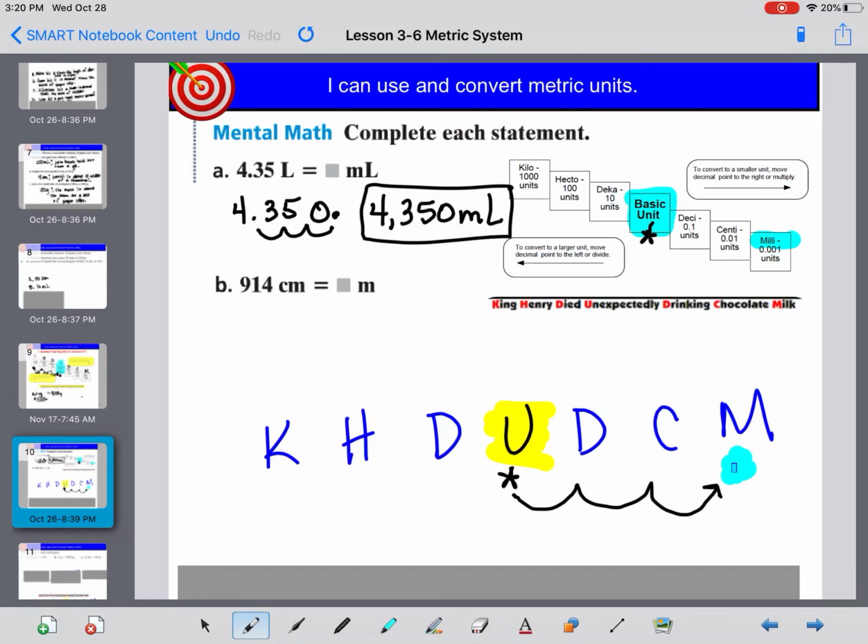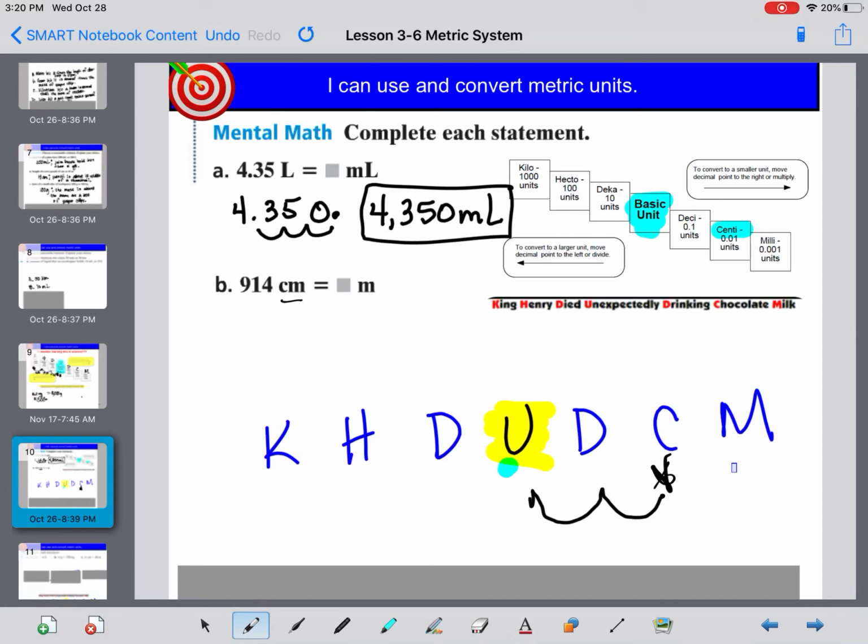In my next problem, 914 centimeters, converting that into meters. Let's erase this. This time, I'm starting at centimeters. Centimeters is right here, or on this chart, centimeters is right here. And I'm moving to meters, which is my basic unit, here.